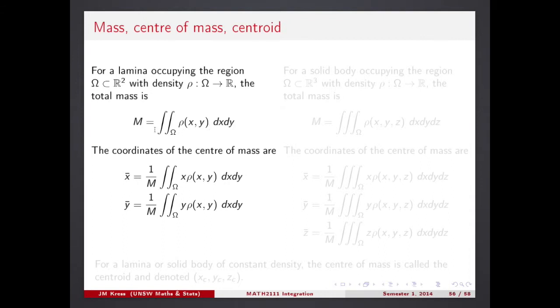Under such conditions, the mass of the whole area is given by a double integral of this type, and the center of mass coordinates, x bar and y bar, are given by these formulae. So computationally, you need to compute 3 integrals for this region, and that will give you the center of mass point for that region.